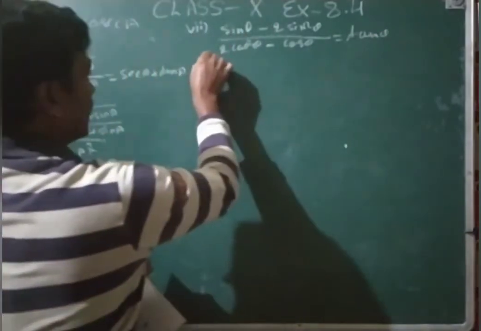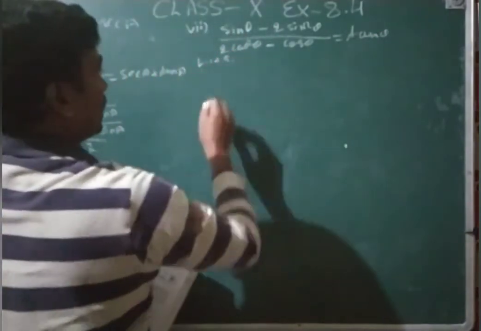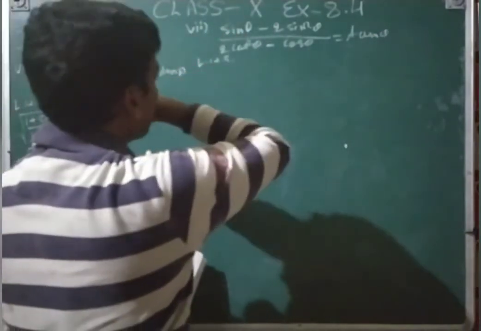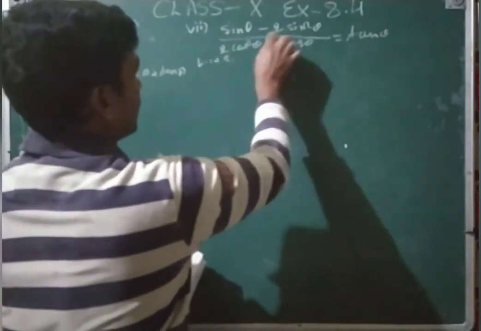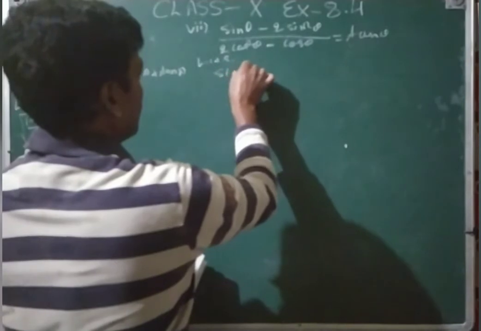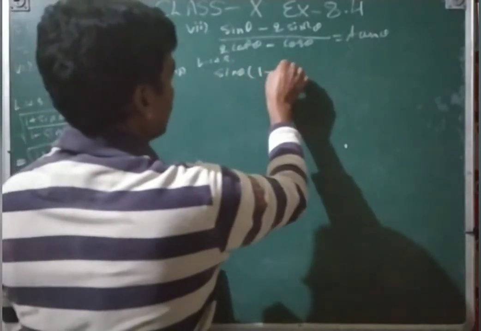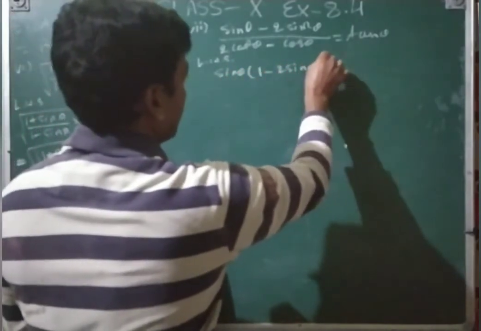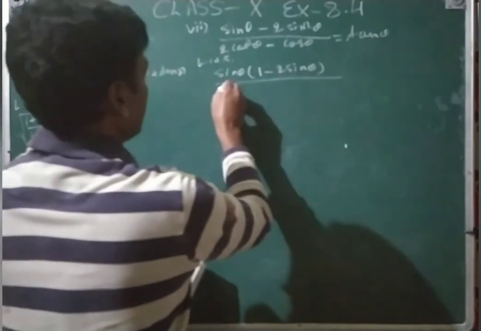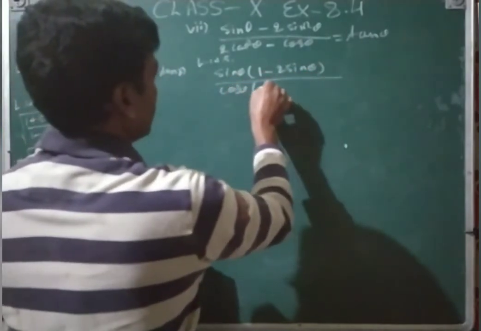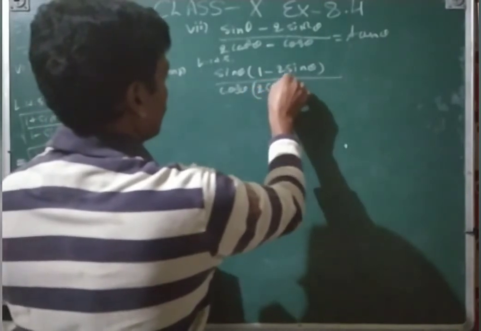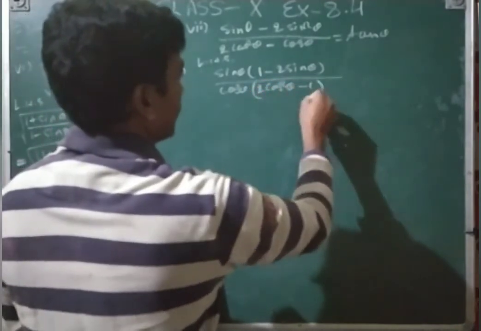So by left hand side, sin theta is common, so that will be 1 minus 2 sin square theta, and cos theta is common, so 2 cos square theta minus 1.